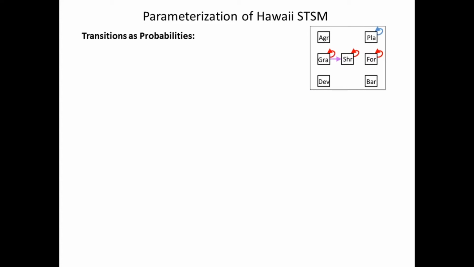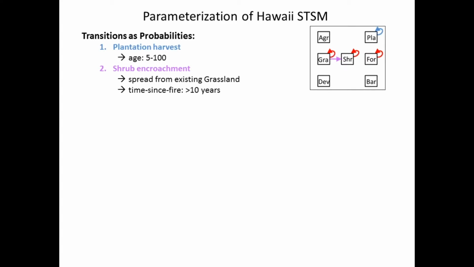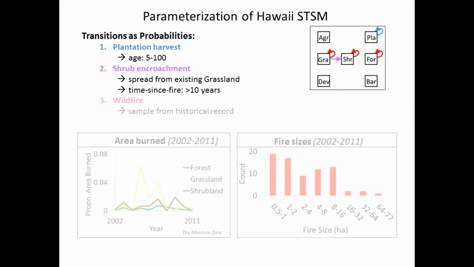For the transitions that were modeled as probabilities, we had plantation harvest that we just modeled probabilistically because we had very little data on it. We didn't have targets for it. We modeled shrub encroachment also using probabilities.